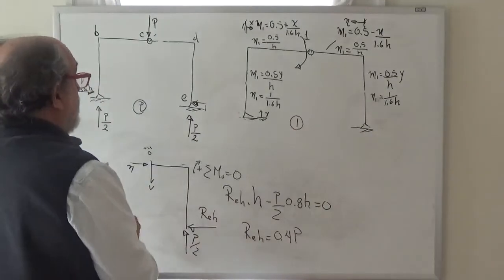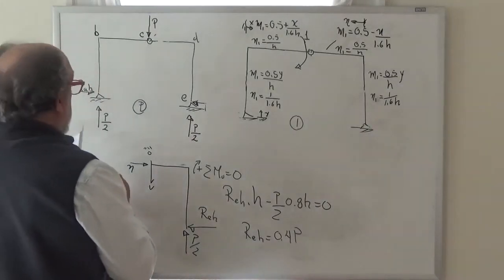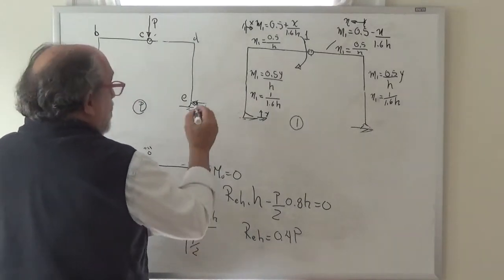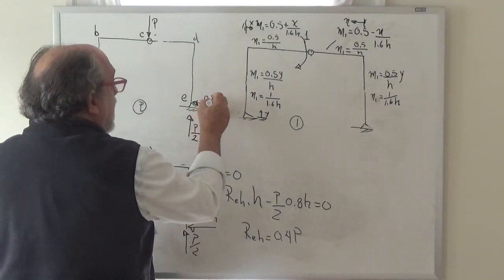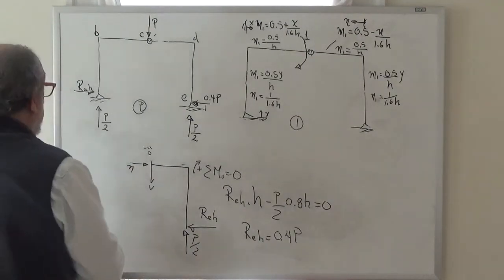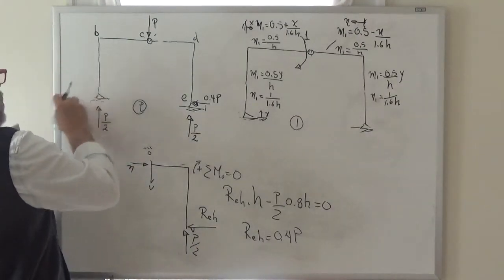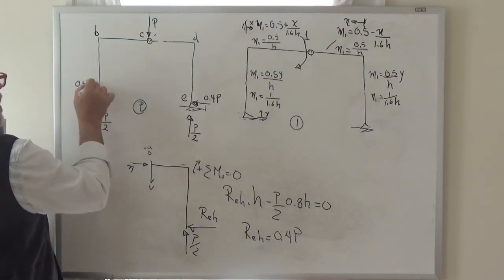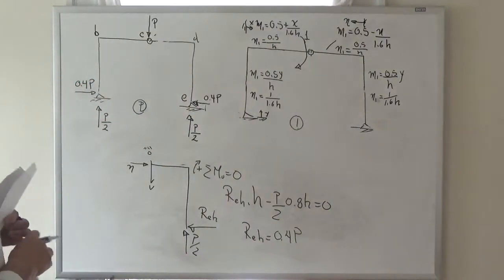So it's like that. And it gives you more space. So this one is 0.4 P, and that's P over 2. And then sum of the forces in the x direction equal to 0 clearly tells us that this is 0.4 P. And so we're there, right?